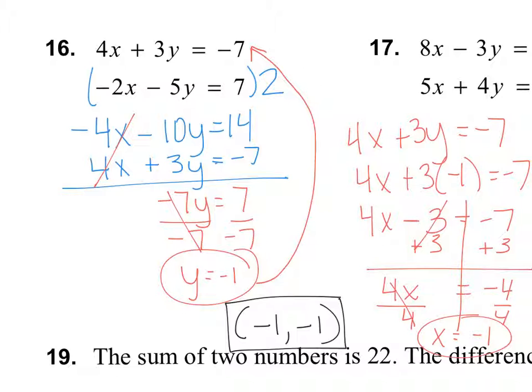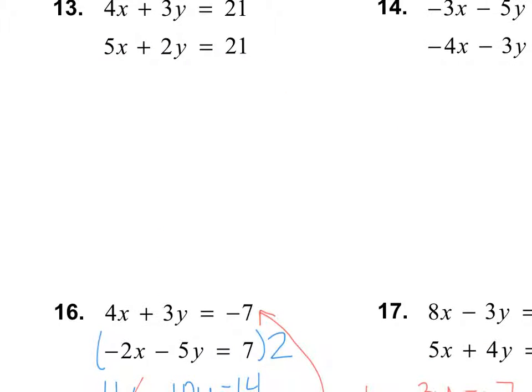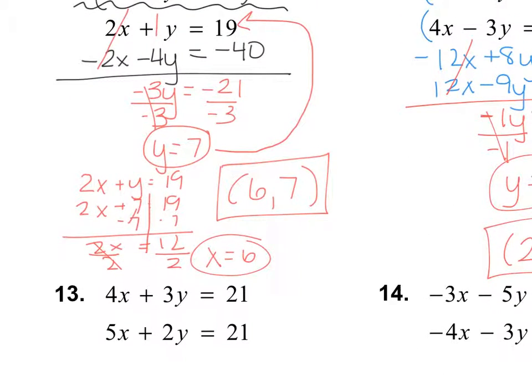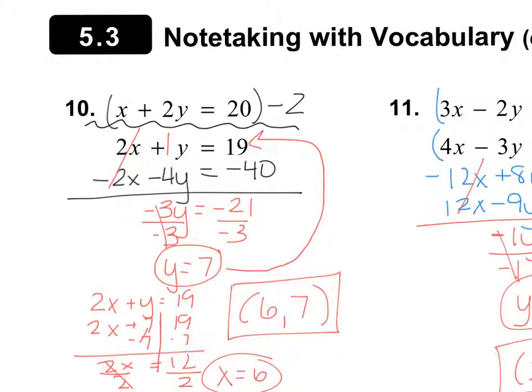So you've had an example of one where you had to multiply everything by a negative 2 to change them all. And if you had one where the signs just were the same but the numbers were also the same, you could multiply everything by a negative 1, or just change all the signs.